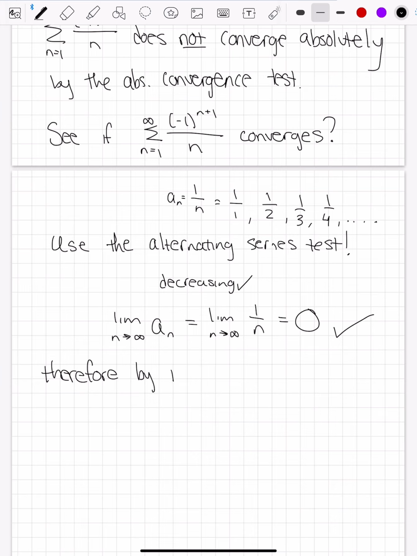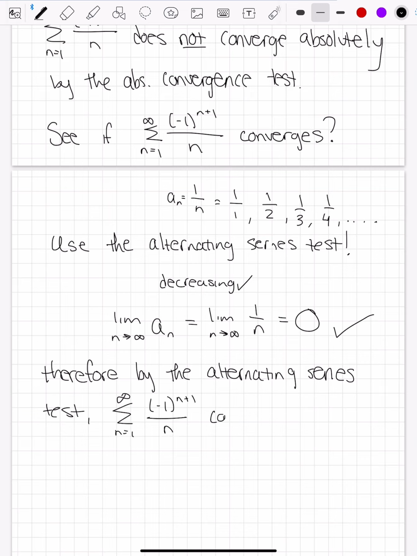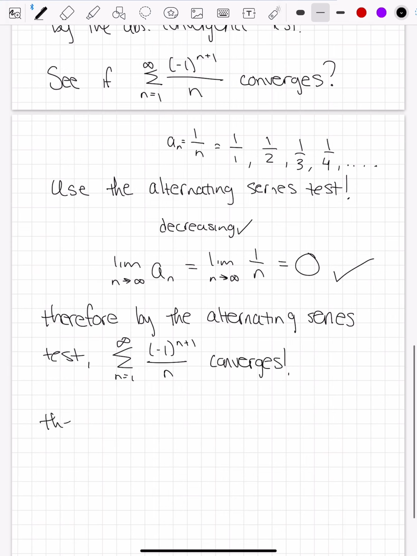Therefore, by the alternating series test, the original series, the alternating series, converges. So, therefore, it converges conditionally. Because when we get that the absolute value doesn't converge, but the original one does, that means we have conditional convergence.